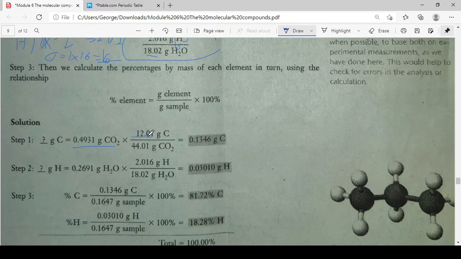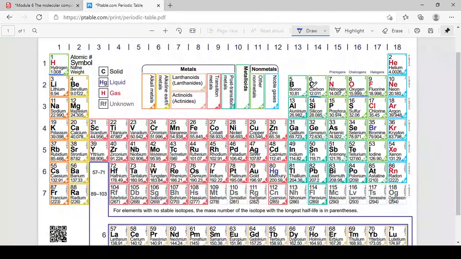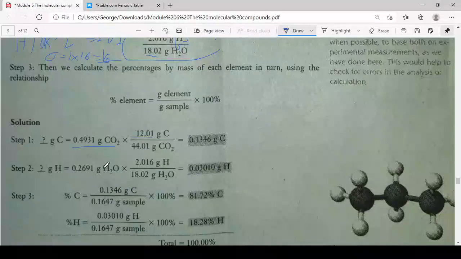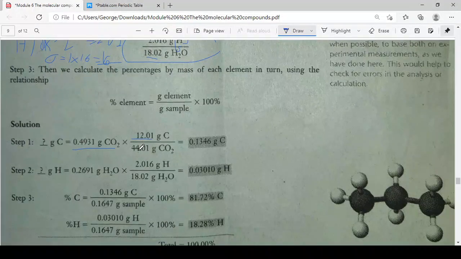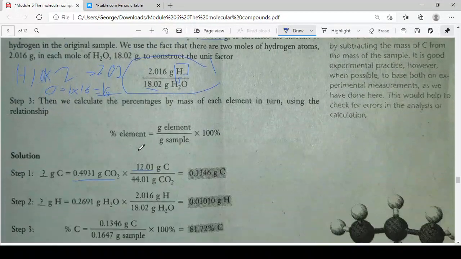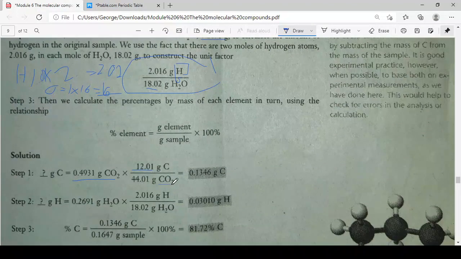Again, the 12.01 comes from the periodic table of elements for carbon. Next, we divide it by the formula weight of the sample. Our sample is carbon dioxide, so it is also the formula weight, because carbon is 12.01 and oxygen is 32, which add up to 44.01.